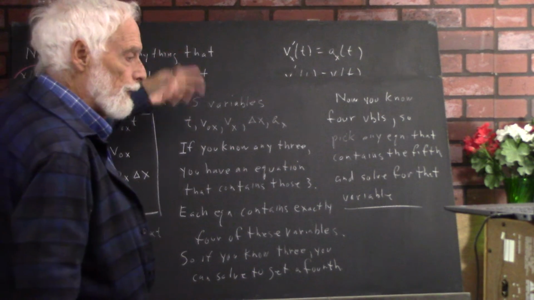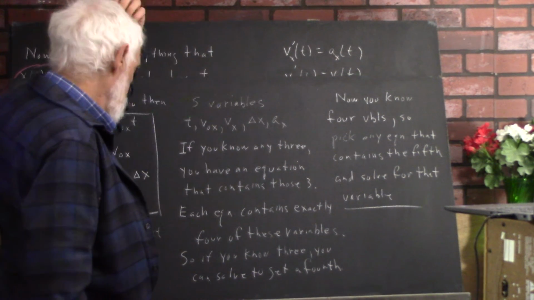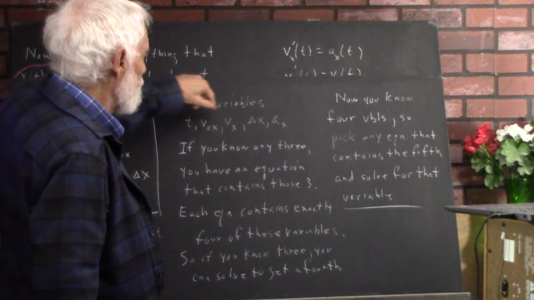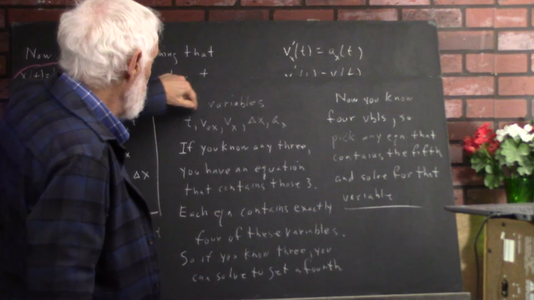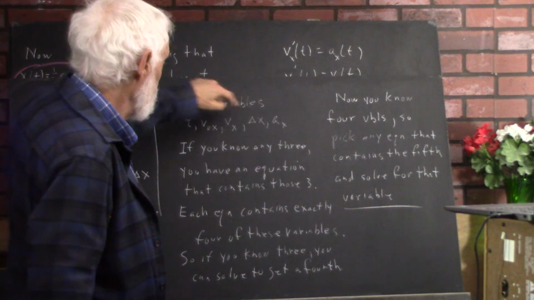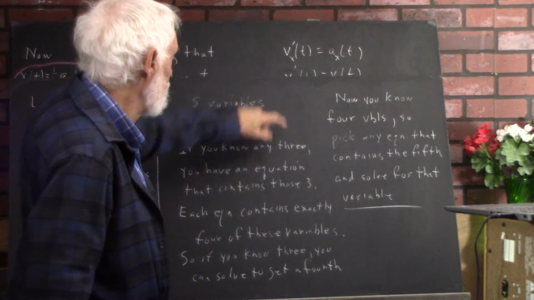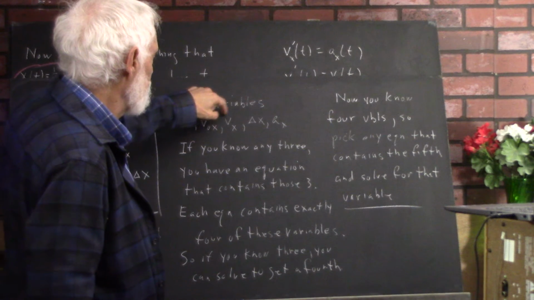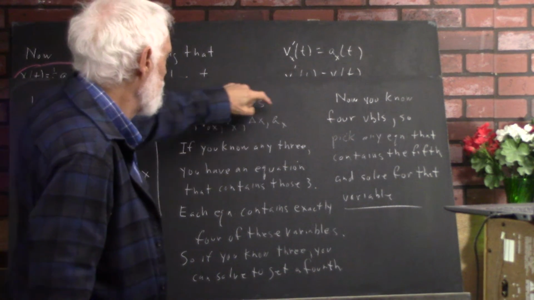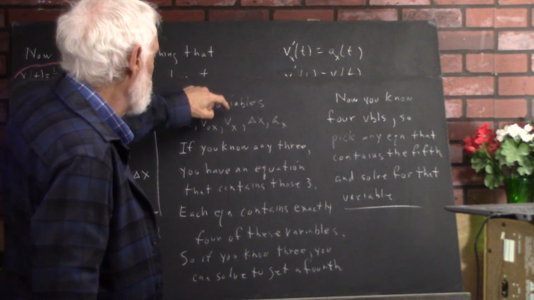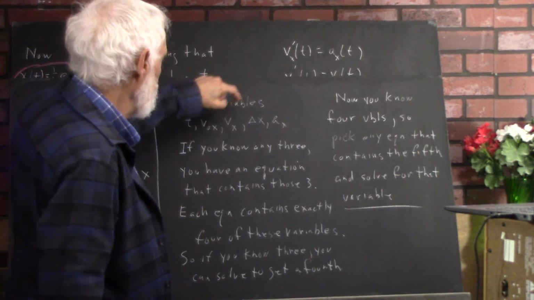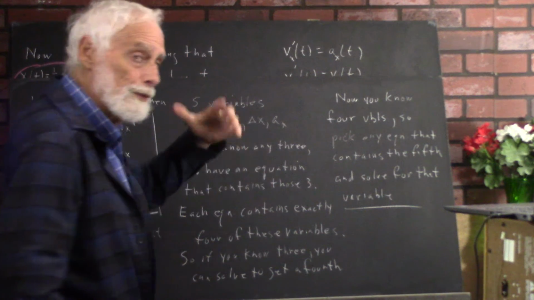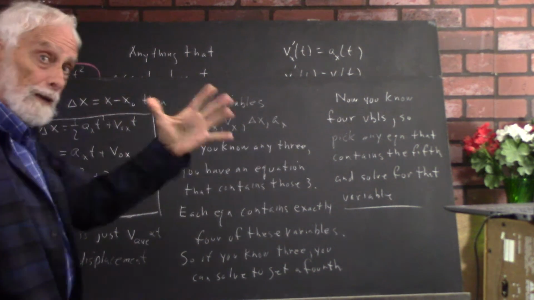There are 10 possible combinations of three of these, okay? t, v naught x, vx; t, v naught x, delta x; t, v naught x, ax; t, vx, delta x; t, vx, ax; t, delta x, ax; v naught x, vx, delta x; v naught x, vx, ax; v naught x, delta x, ax; and vx, delta x, ax. That's 10 of them.